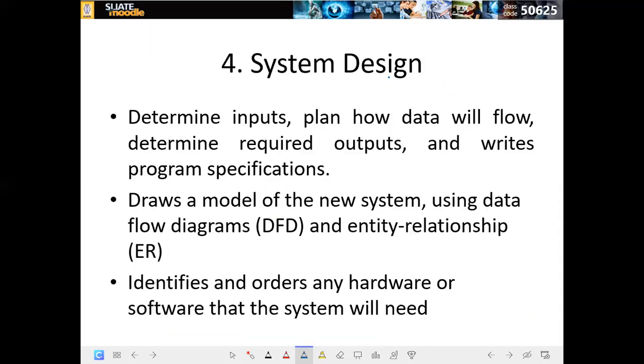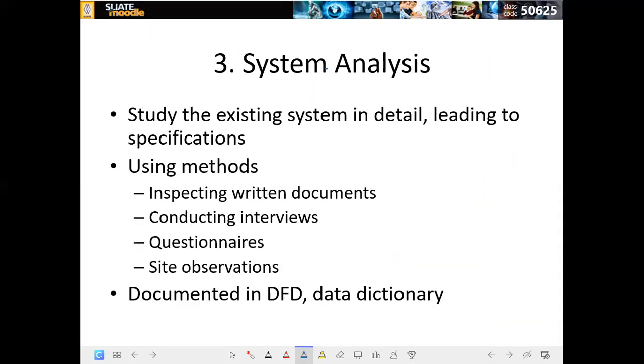Then at this stage, you are going to design the system. For example, before you make a house or a hotel, you are going to analyze what kind of features should be there in your hotel, and what kind of services you are going to provide. Then according to those requirements, you are going to develop the structure of the hotel.